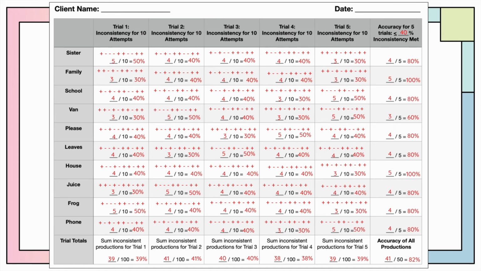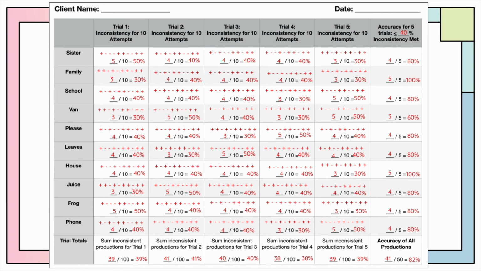So we look back to each one of the production attempts and we count 41 attempts where their inconsistency score was less than or equal to 40%. So out of the 50 attempts that the client made, 41 of them were at 40% or less inconsistency. And so a score of 41 out of 50 gives the client an 82% accuracy score for this session.